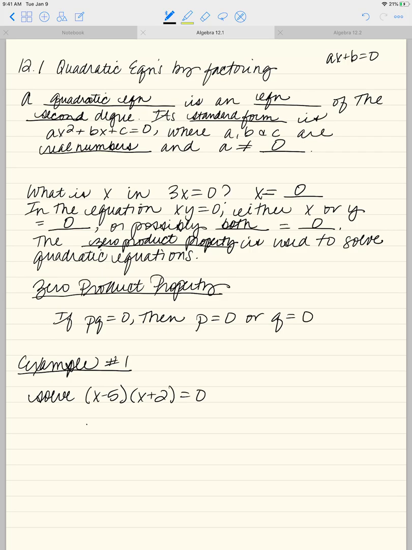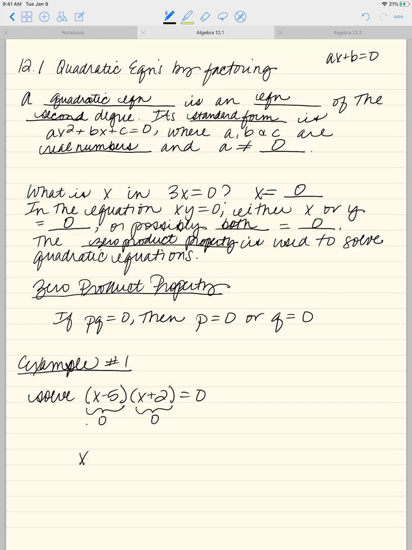So example number 1 says solve x minus 5 times x plus 2 is equal to 0. So either this here in the parentheses, this difference, excuse me, is going to have to equal 0, or this sum over here is going to have to equal 0, if that ends up being 0, okay?